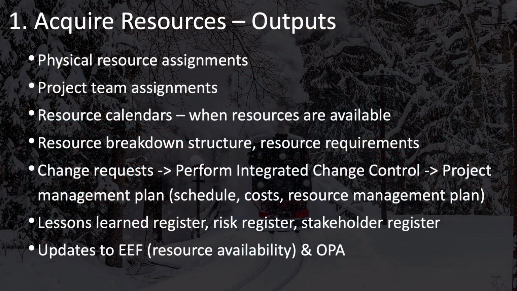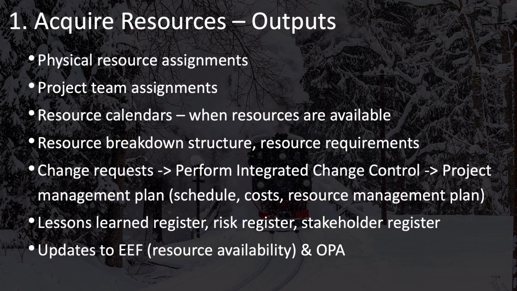When you've finished the acquire resources process, the outputs that you're after here are that you now have physical resources and project team members assigned to your project. You should also have resource calendars that indicate when your resources are available, and you'll update your resource breakdown structure and resource requirements documents to reflect the resources that you've been able to acquire.